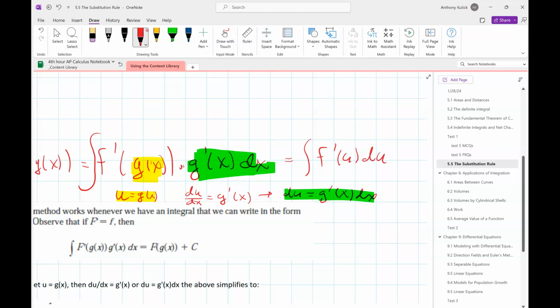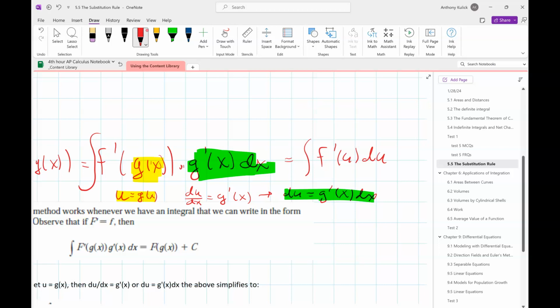So we can change that integral into just the integral of f prime of u times du. So that is now just one function with a single variable inside of it. We've eliminated the product and we've eliminated the composition. This now should be something I can do with just a straight antiderivative rule.